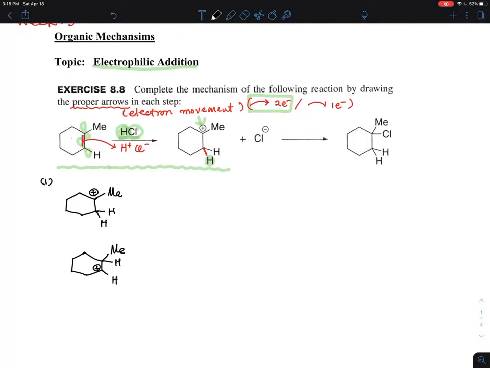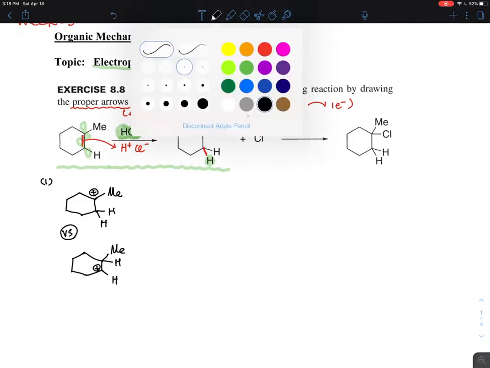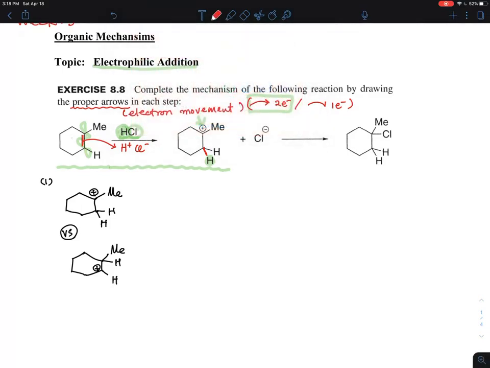So we are talking about the carbocation in the cyclohexane ring, where the first one is what people call a tertiary carbocation. If you look at the one at the bottom, this is a secondary carbocation.